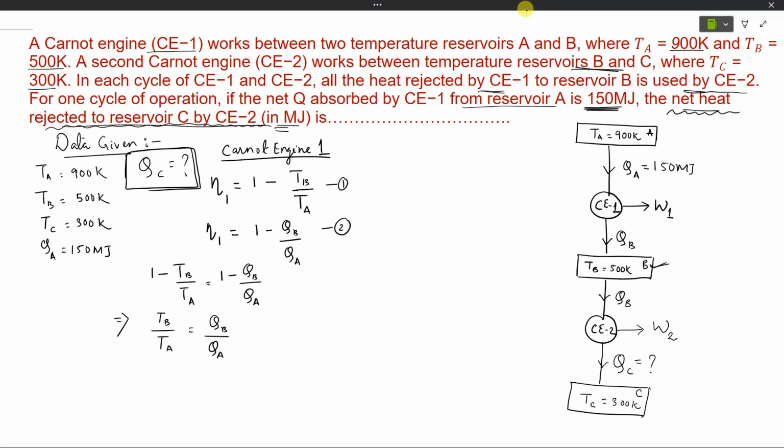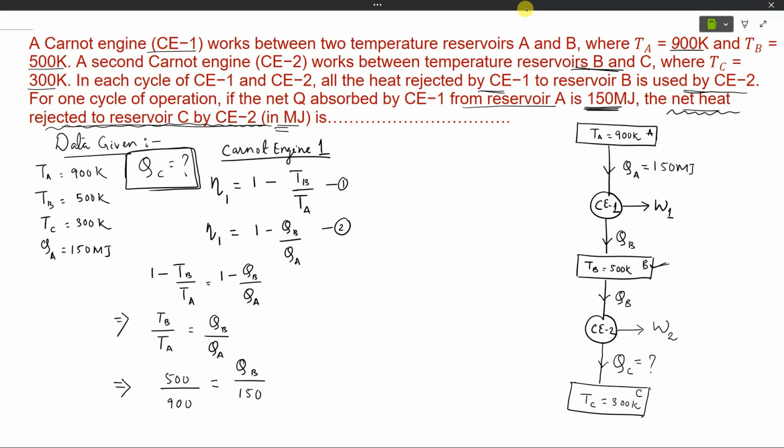Now let's substitute the magnitudes given in the question. TB is given 500, TA is given 900, equal to QB, which is not given, so just keep it as it is, by QA, which is 150 megajoule.